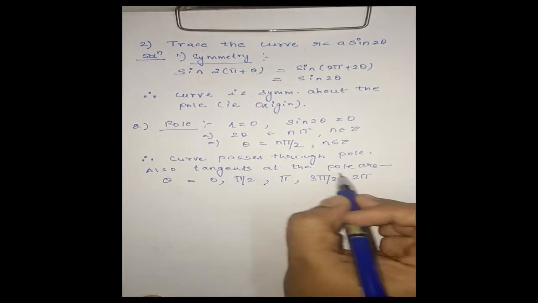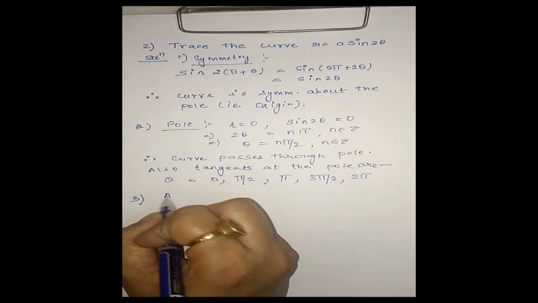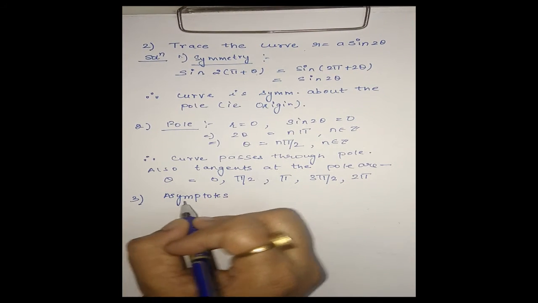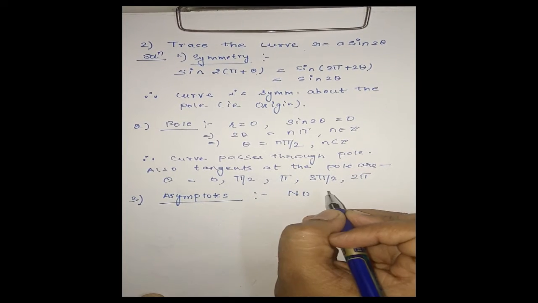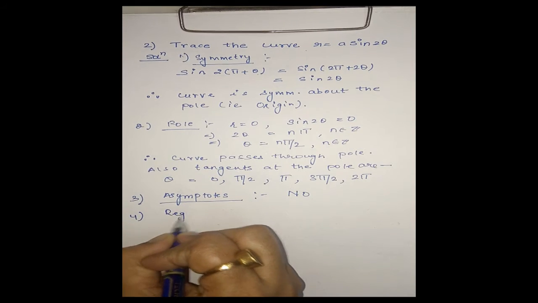Third is asymptotes. As done in the previous example of r is equal to a cos 2 theta, here also we have no asymptote. Now fourth is region.